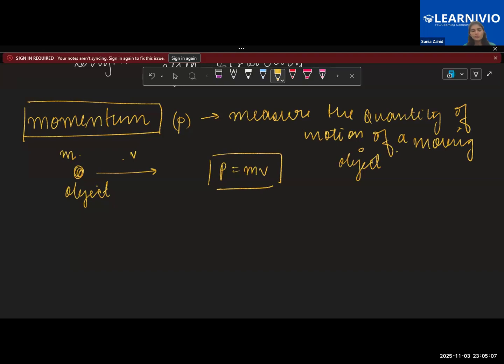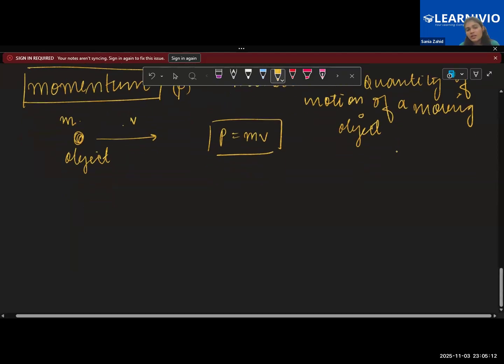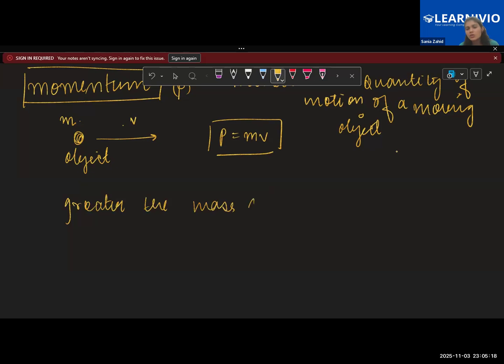Now, what happens? Greater the mass or velocity, greater the momentum. Okay, just remember these points.